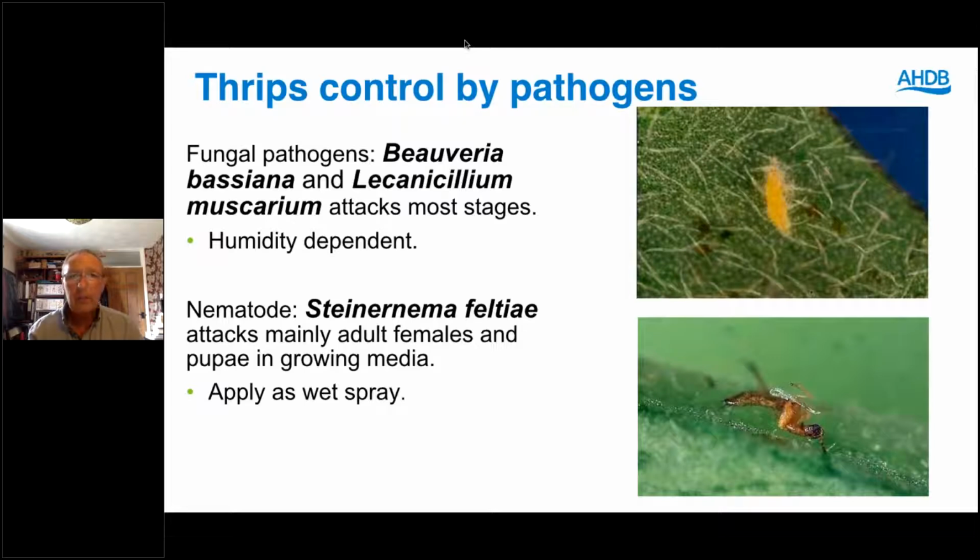Pathogens, so we have the Beauveria and Lecanicillium. These are commercially available, so we have Botanigard, Naturalis, Mycotal, fungal pathogens, but they are all temperature and humidity dependent, critical. Nematodes, I've put those under pathogens because they are classed as entomopathogenic nematodes because they carry the bacteria which does the killing. These are applied as a foliar spray and they will work very well on flowers where the flower is pointing upwards to get the nematode spray into the flower.